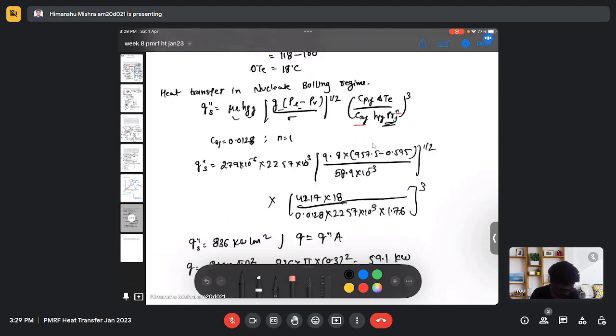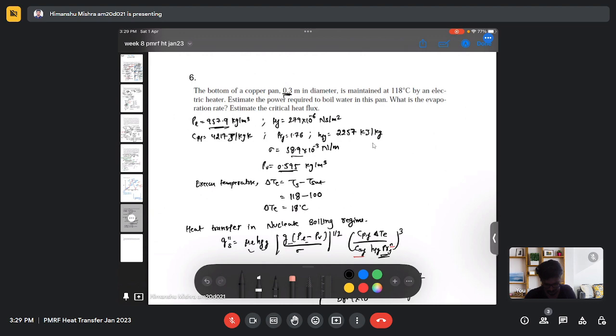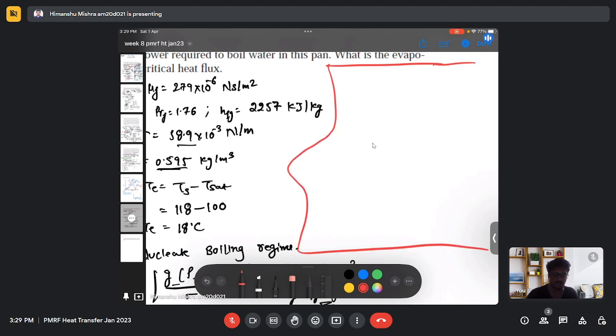So now we need to find what is the evaporation rate. So by using the energy balance, we know that whatever heat we are adding to the pan will result in evaporation.